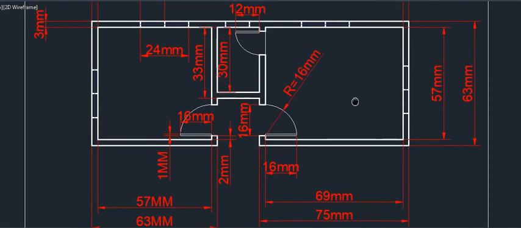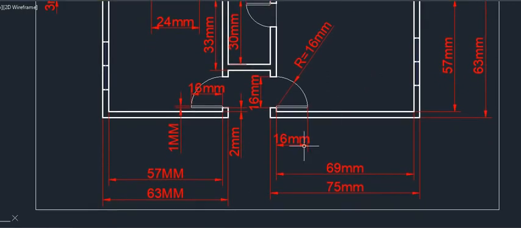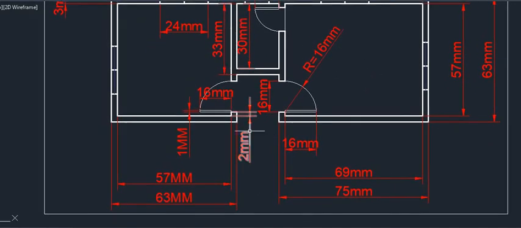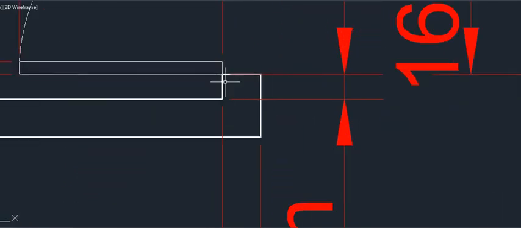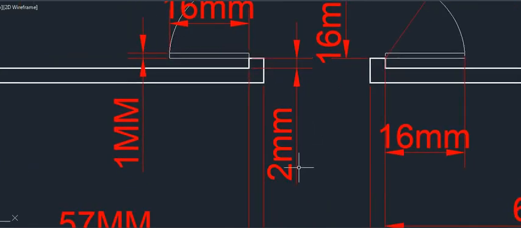Okay, so I think that's all. I think everything is being clarified. By the way guys, the distance from the wall to start drawing your door is 2 millimeters.